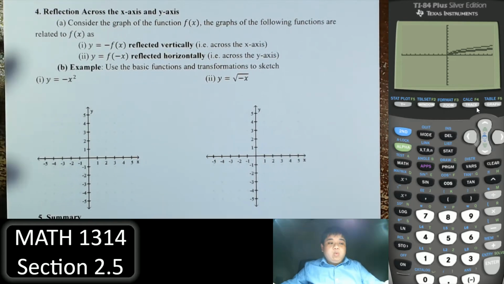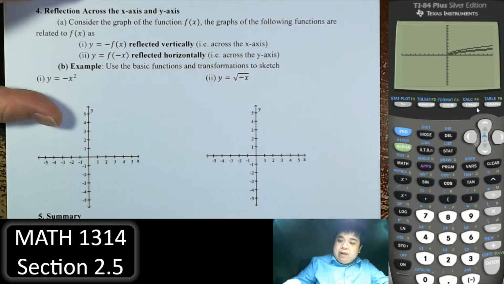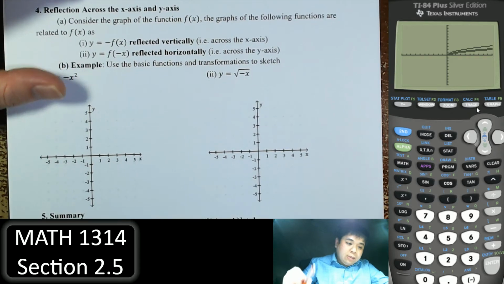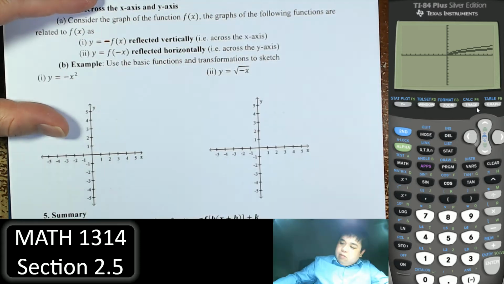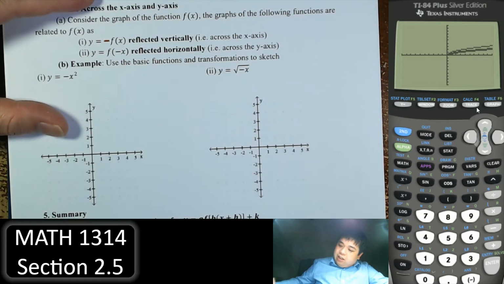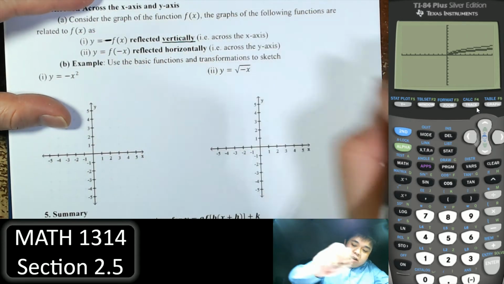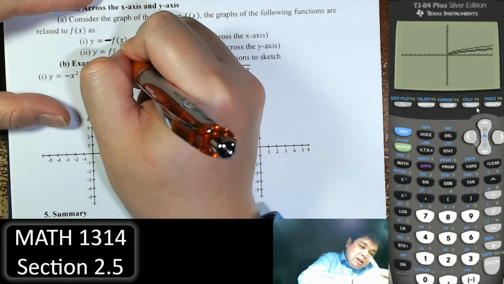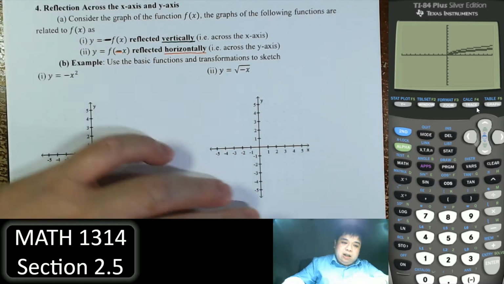Right. The next one we have is reflection across the x-axis, or reflection across the y-axis, or reflection vertically, or reflection horizontally. Once again, just try to keep the color code here. If it is outside, it will affect the graph vertically. If it is inside, it will affect the graph horizontally. And think about the reflection here.